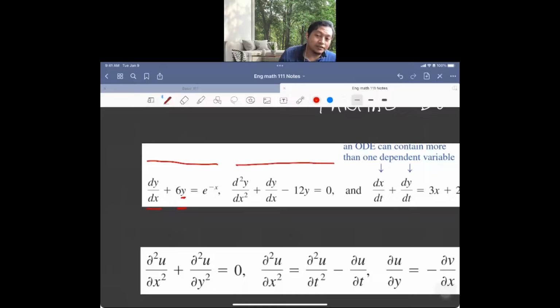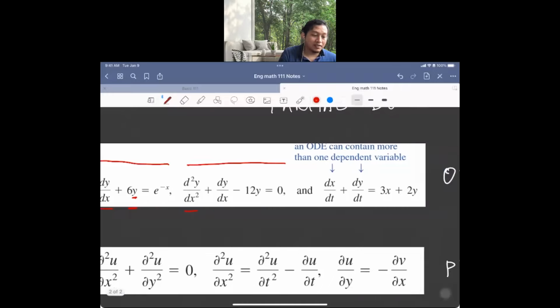And then the second part here is also the same, but we have a second derivative, so we can have the second order. We can have the second derivatives as well. We still say that this is an ordinary differential equation, so still ODE.